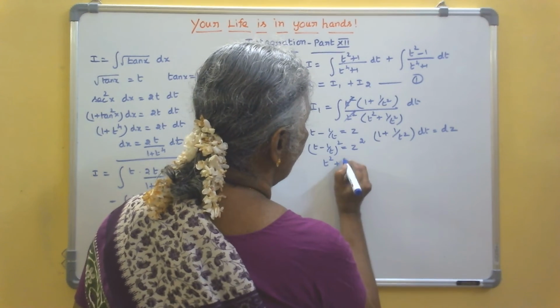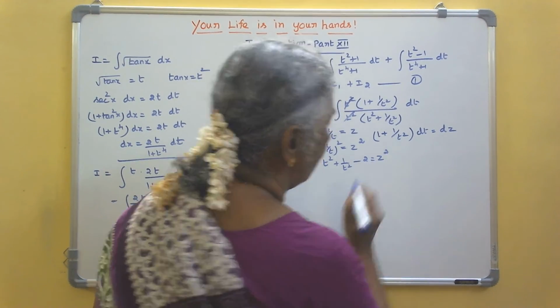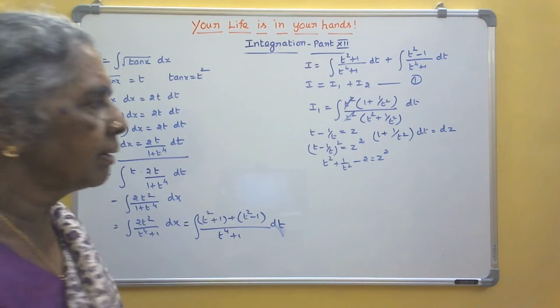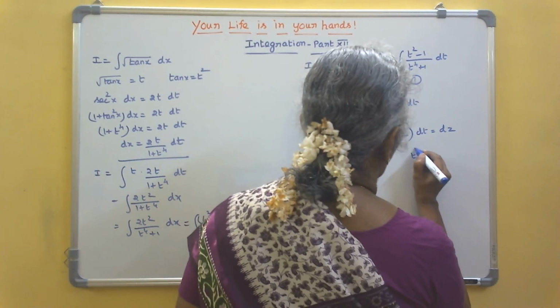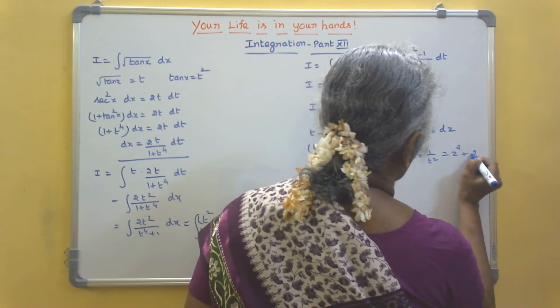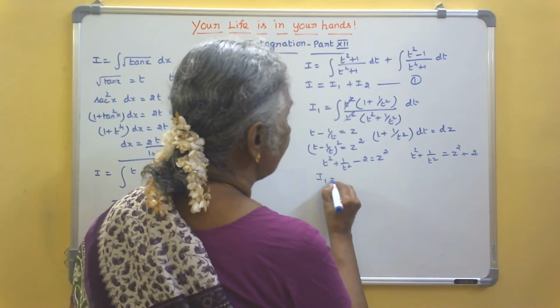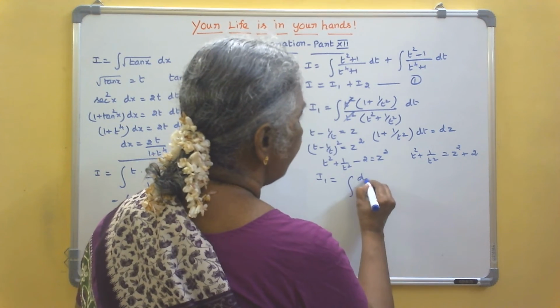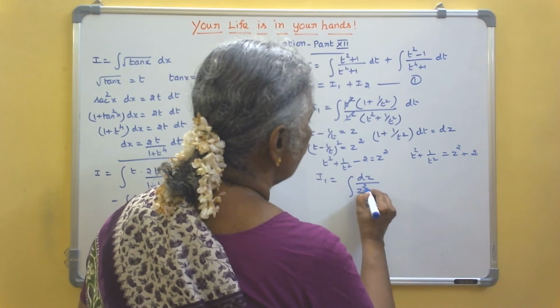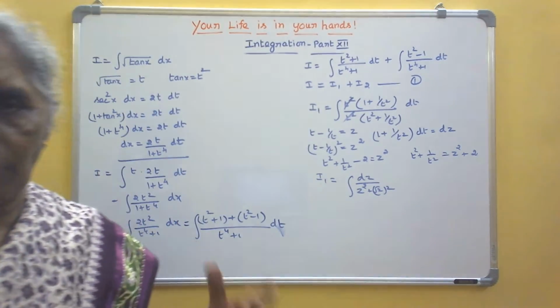So t square plus 1 by t square minus 2, that is equal to z squared. So now t square plus 1 by t square is z square plus 2. So you will get your I1 is equal to integral dz by z square plus root 2 the whole square. I think now you will be familiar, no?